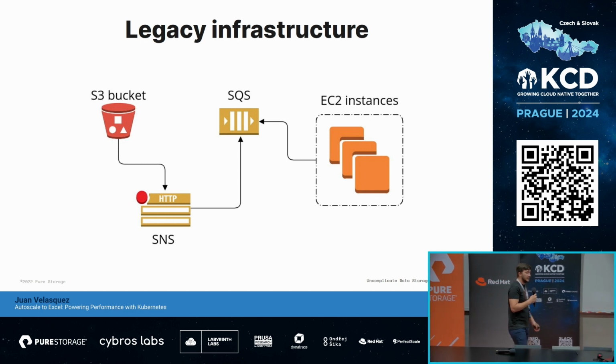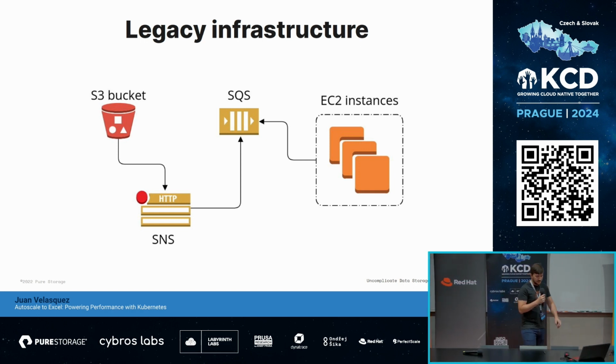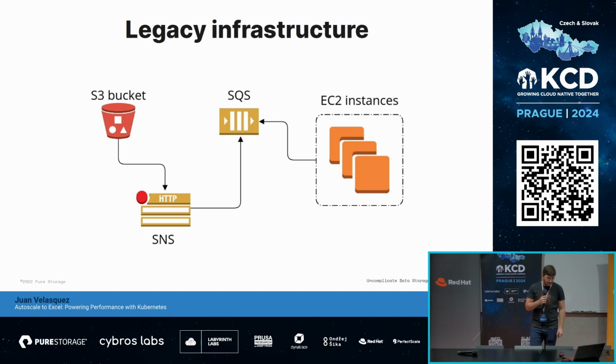This is the initial infrastructure, or the starting point. As I said, when the company was still in the early stages, we had just a couple of hundreds of clients. We had some S3 buckets where the logs were coming in.